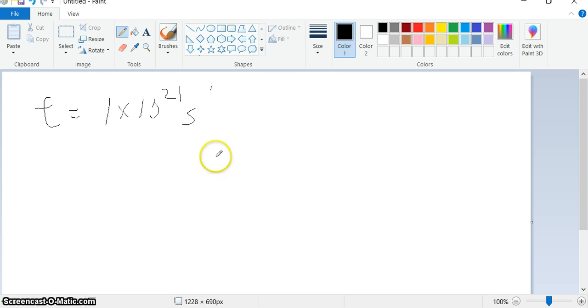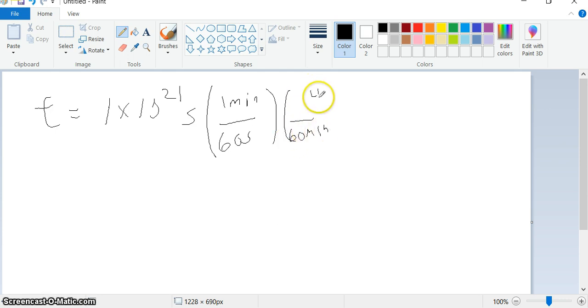Here's how we change this to years. I know that there are 60 seconds in 1 minute. Always try to use MIN for minute because that distinguishes it from meter. And there's 60 minutes in 1 hour, and then 24 hours in 1 day.